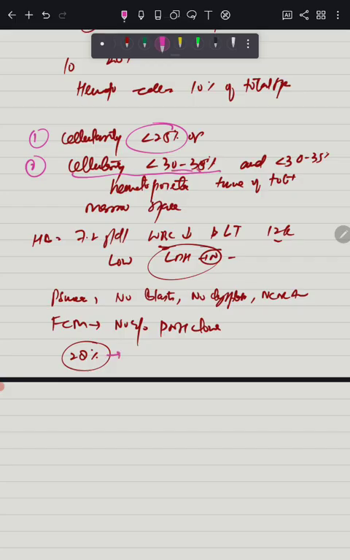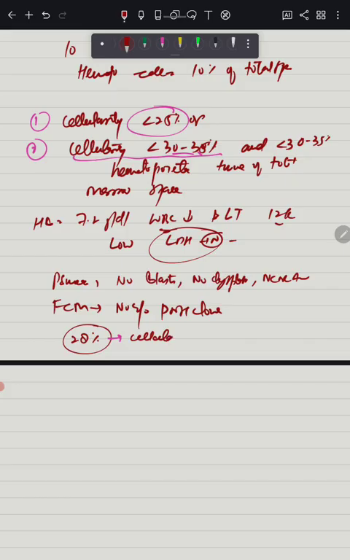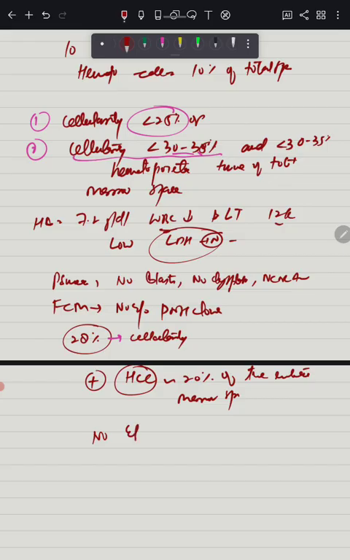So as per the question, there is cellularity of 28% plus hematopoietic cell content, HCC, that is around 20% of the entire marrow space, and there is no evidence of dysplasia, fibrosis and malignant infiltration.